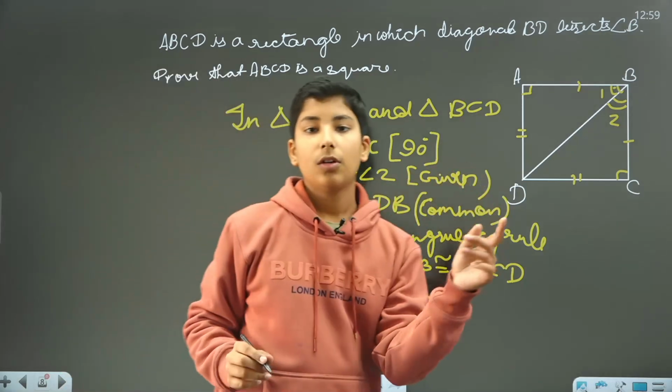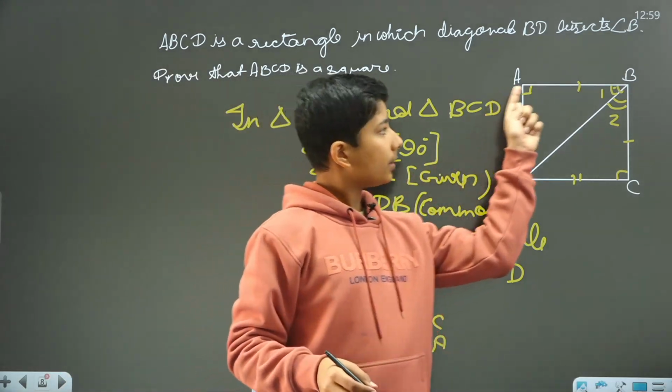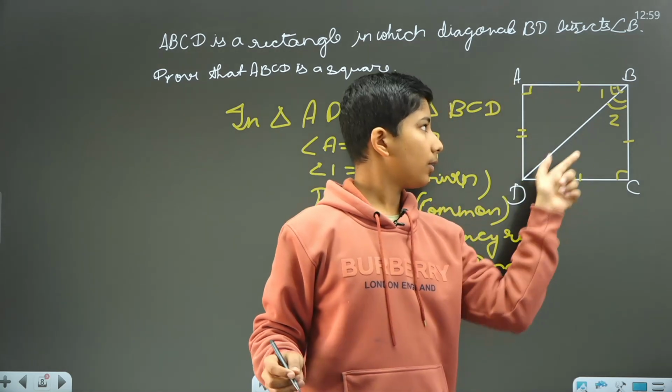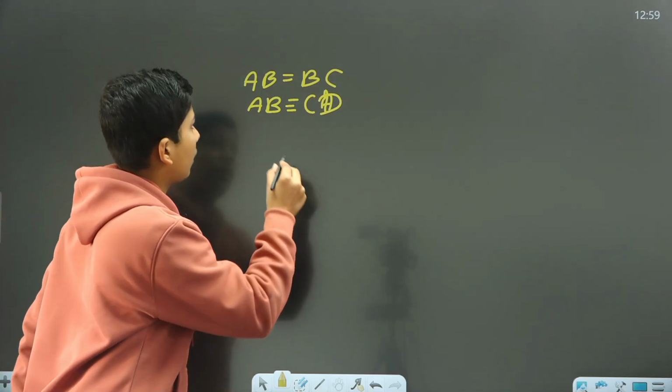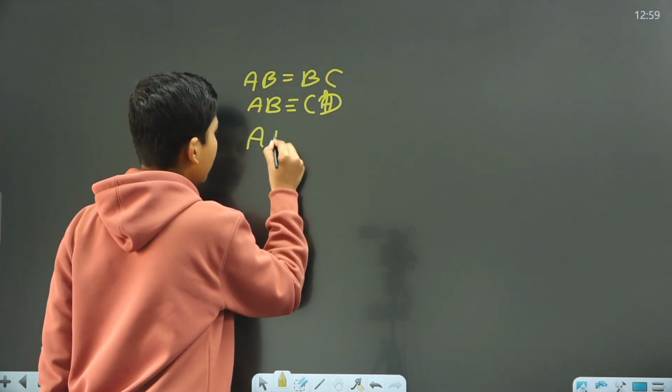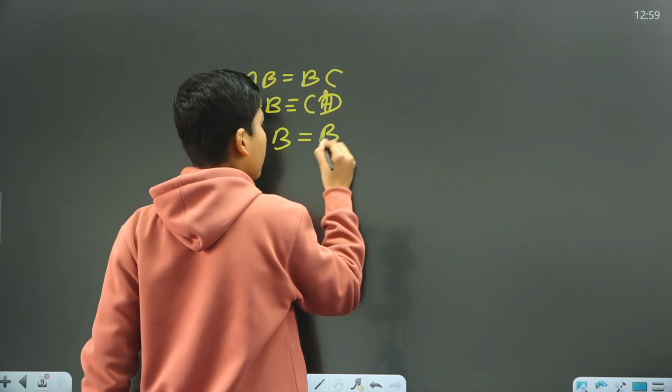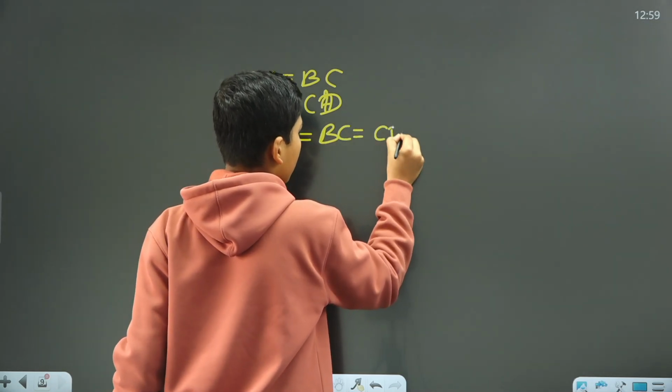How? Because of the property of a triangle. This equal to this equal to this, so this will also be equal to this. AB equal to CD. So AB equal to BC equal to CD.